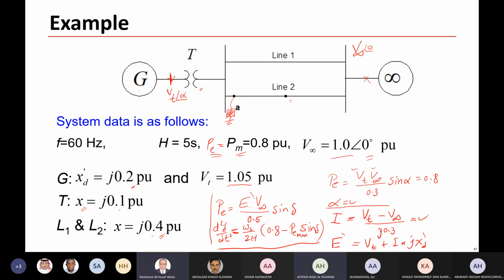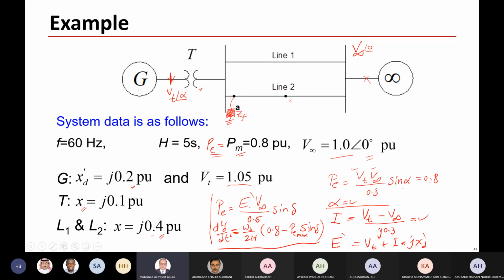You are absolutely right. This is a solid fault. If this is a solid fault, then the power transfer equals zero. But if we have a fault impedance here, in this case the power transfer is not zero.